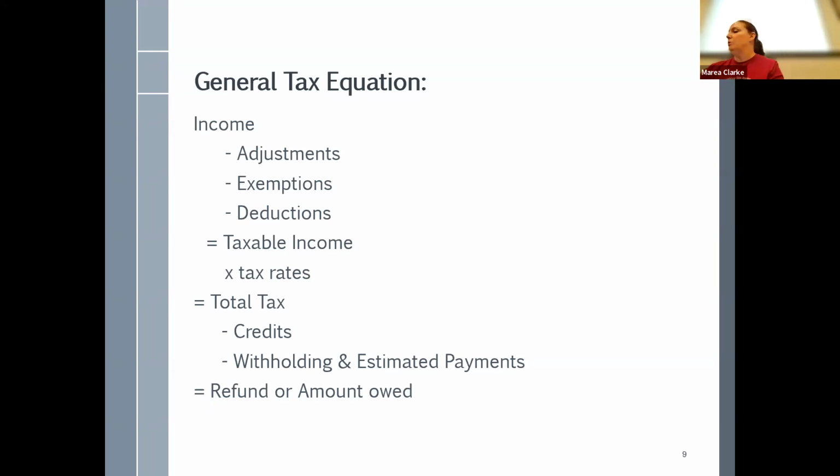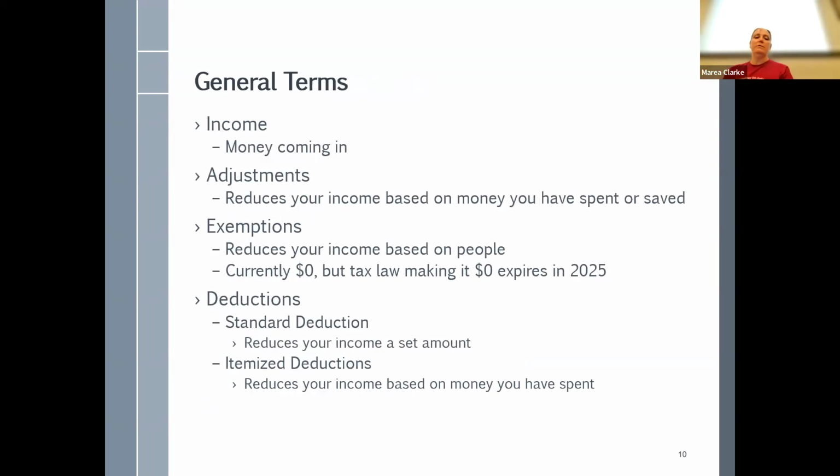So let's define those terms a little bit more, right? Income, very simply, right? Money coming into you. Adjustments will reduce your income based on money that you have spent or saved. If you spent it on the right thing based on what the tax rules are, you might get some money off of your taxes.